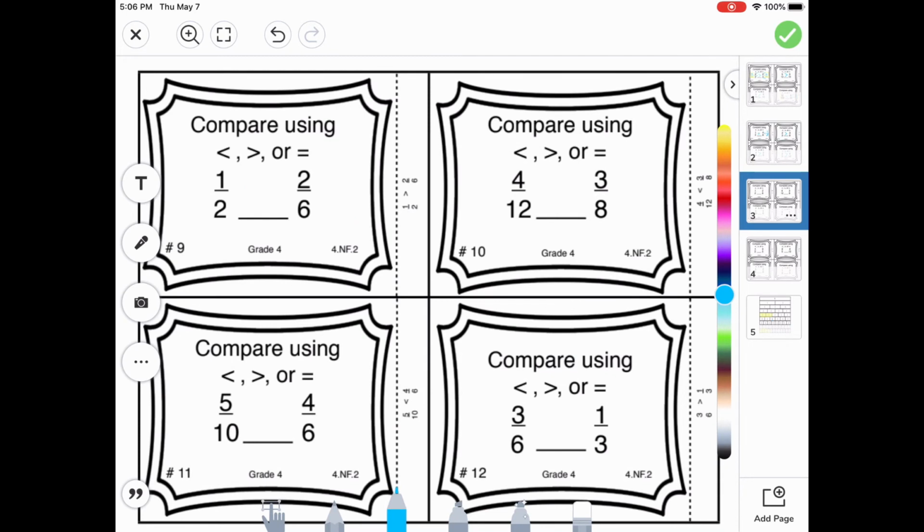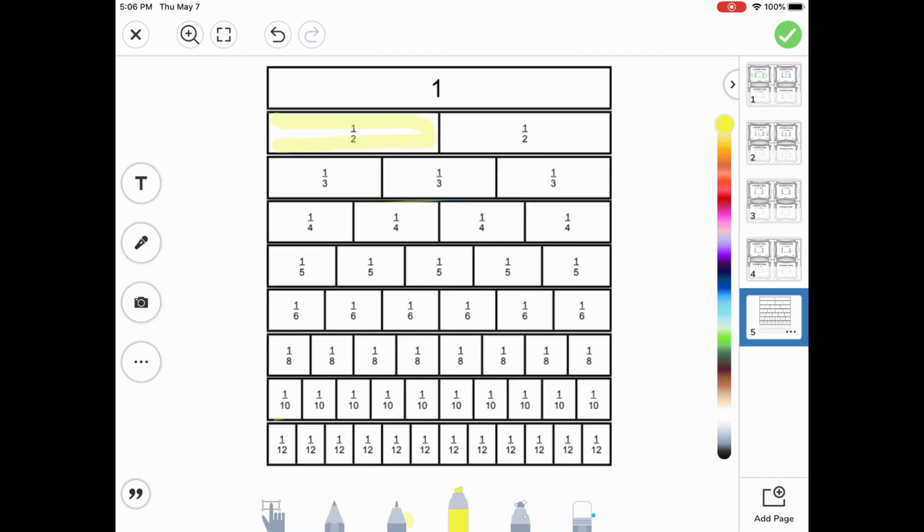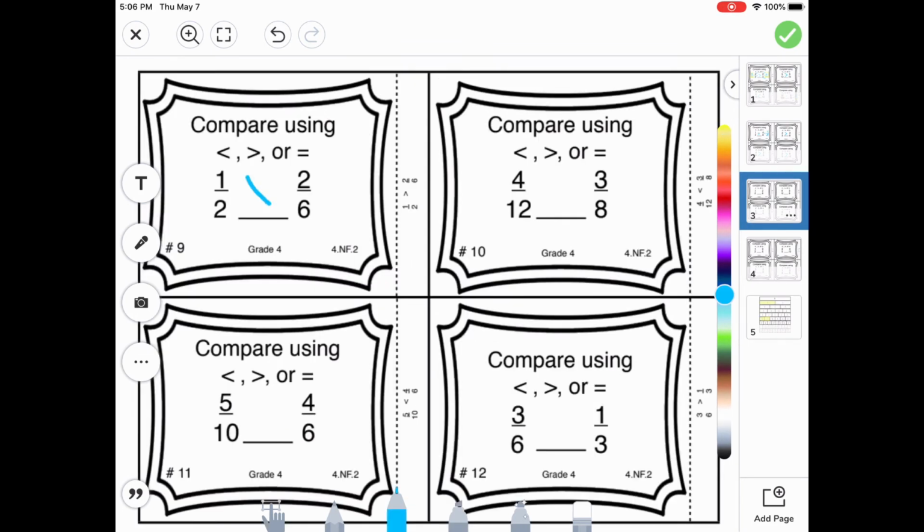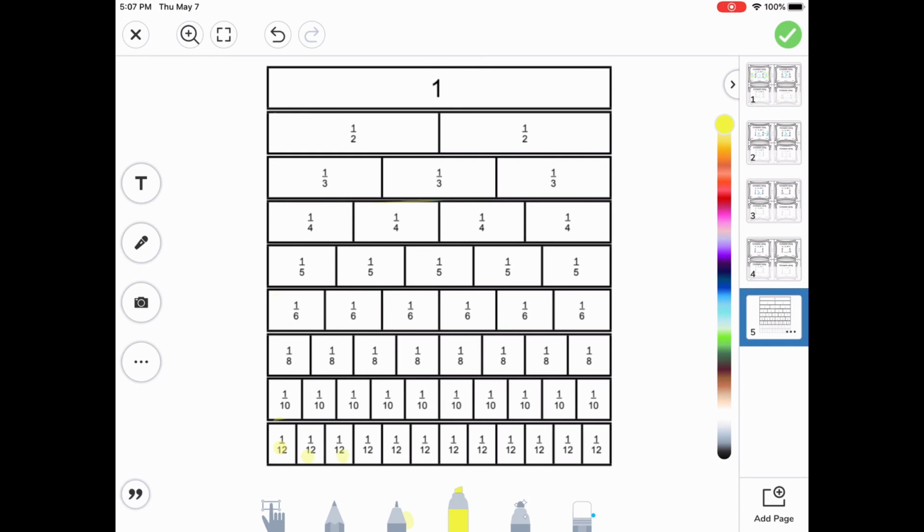On page 3, we're comparing 1/2 and 2/6. So I have 1/2 and I have 2/6, and 1/2 is definitely greater than 2/6. The next problem, 4/12 and 3/8. Shaded in my 4/12 and my 3/8, and I can see 3/8 is just a little bit more than 4/12.